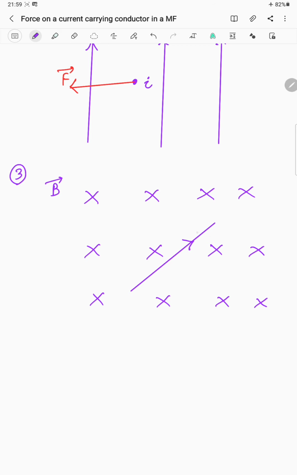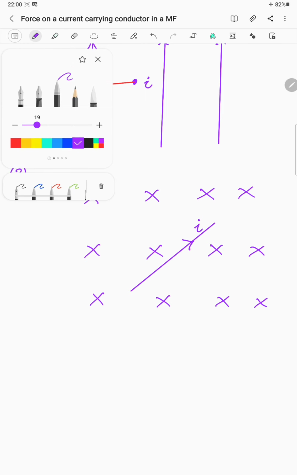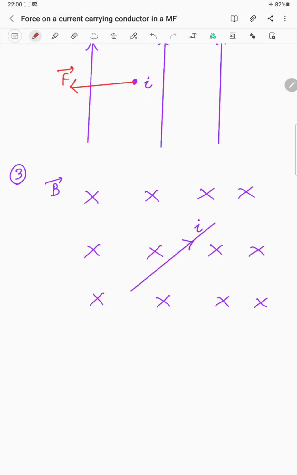Then what will be the direction of the force? We have to take the right hand and extend all the 4 fingers in the direction of the current, and then curl all the 4 fingers in the direction of the magnetic field, and you see the thumb is in this direction. This will be the direction of the force.